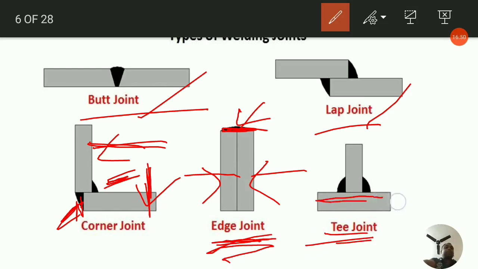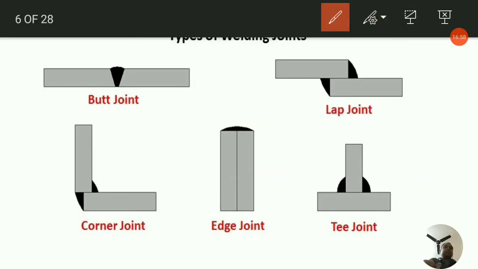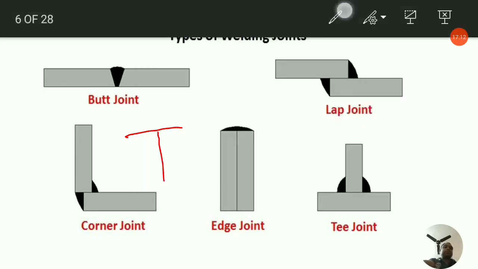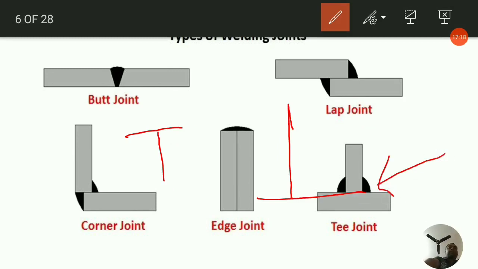Here you can see this looks like a T, an inverted T. These are the parent metals, and welding is performed. So you can see these sides and these sides. This is the typical T joint.